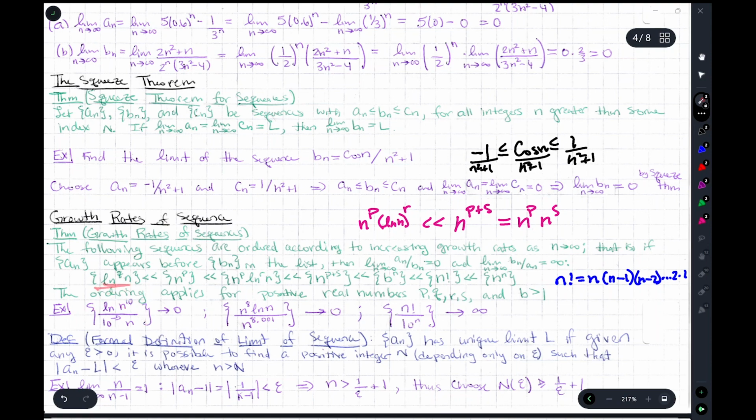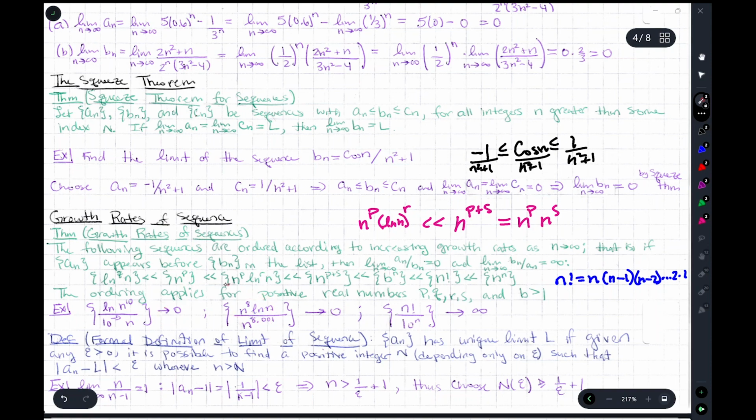Regardless of what power of the natural log, logs always grow more slowly than polynomials. So this is 0.